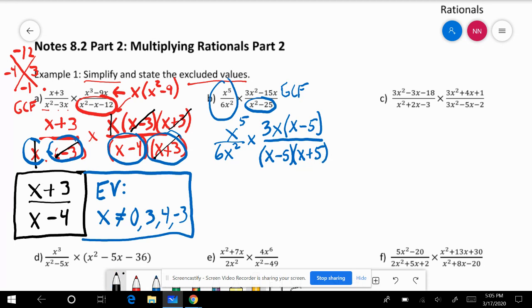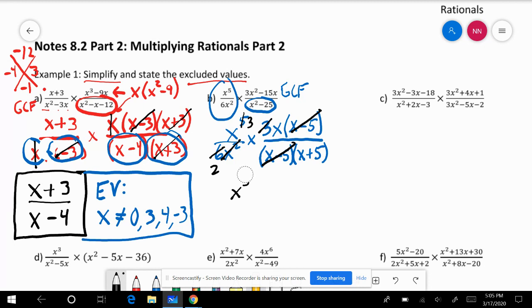Now for the easy part, we're going to be canceling. We see that the x minus 5's cancel. We see that the 3 cancels with the 6 to become a 2. We see that the x squared cancels with the 5, and that becomes a 3. So now we're going to multiply across. We have the 3, x to the 3rd, and we have an x.